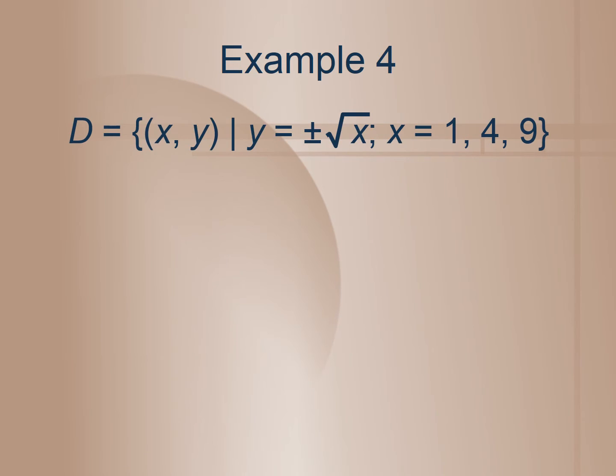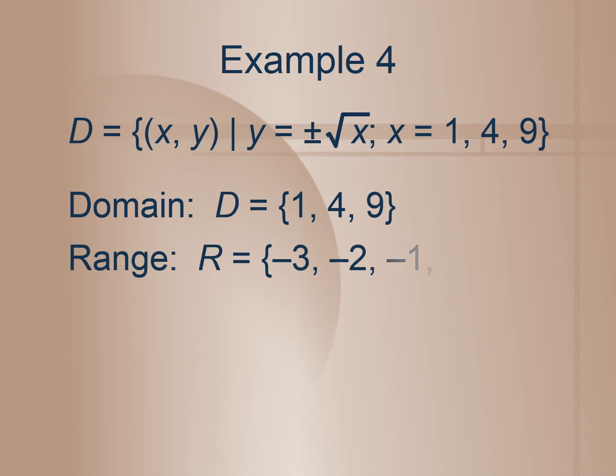Let's take a look at the function, or actually let's call it a relation until we know. The ordered pairs such that y equals plus or minus the square root of x for the domain 1, 4, and 9. So if you were to plug in 1, 4, or 9, the square root of 1 is 1 and -1.